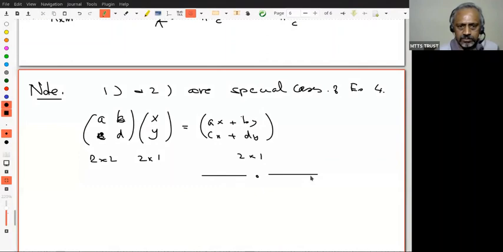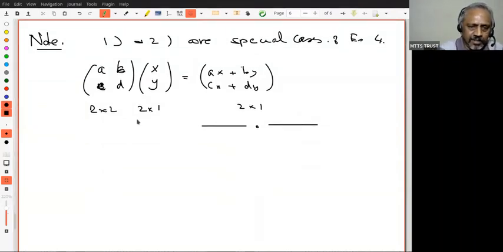Just to make sure, why did I all of a sudden start considering vectors in Rn as column vectors? Why not as row vectors? There is no problem. I can still do that, except it will be a different kind of map. What do I mean by that? Suppose I take A to be an n cross m matrix, right?